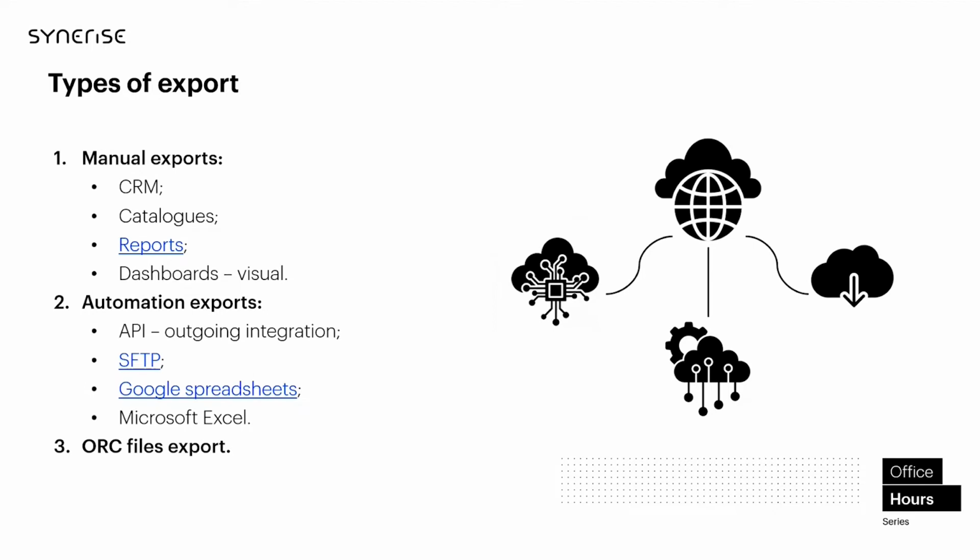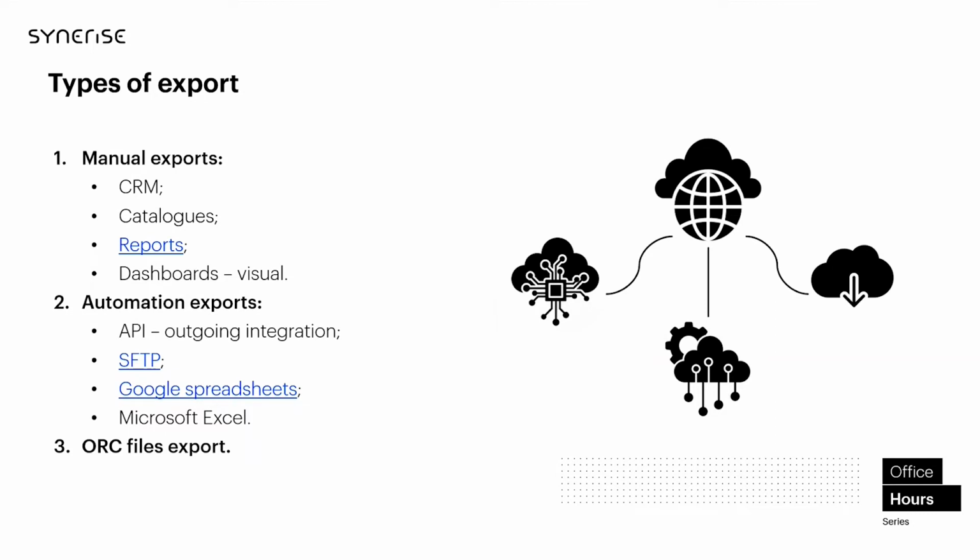But getting back to the presentation, I would like to tell you something about the different types of exports which we have here in Synerise. Of course, in the beginning there are manual exports, so you can manually export data from, for example, the customer relations management module, from catalogs as well, from reports, and from dashboards.